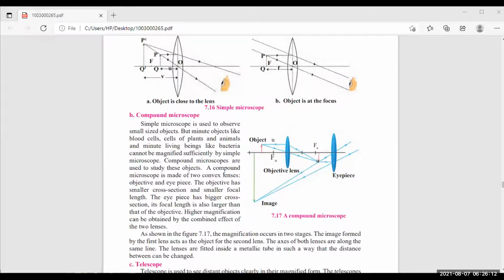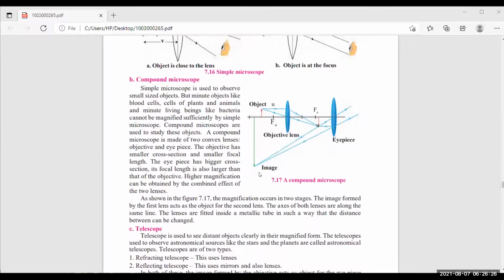One lens is the eyepiece, and one is the objective lens. The eyepiece has a bigger cross section, and its focal length is also larger than that of the objective. Due to that reason, higher magnification happens, and we can see. If you see here, this object is very small, and here you can see.